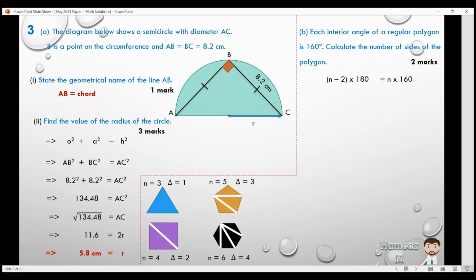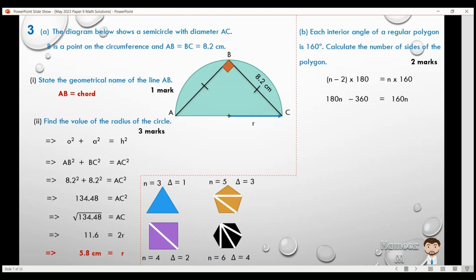So if we now expand and solve, we can multiply 180 on the left-hand side by the brackets, so it'll give us 180n minus 180 times 2, which is 360, is equal to 160n on the right side. So we can now move all the unknowns onto the left side and the knowns to the right.